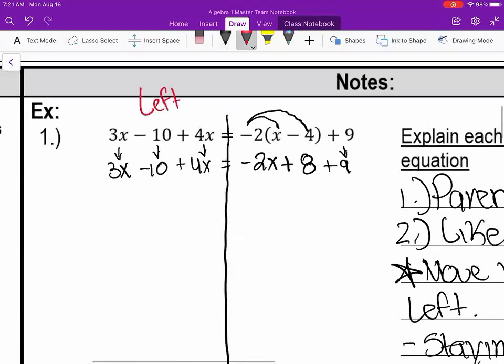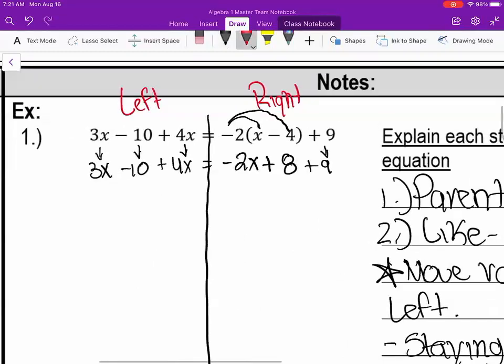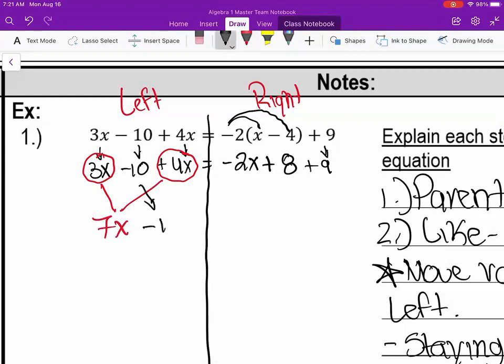This is the left, this is the right. On the left side, do I have like terms? The answer is yes. I have a 3x and a 4x, which I can put together. That is 3x plus 4x, which is 7x. And the other thing, I'm just going to bring it down.